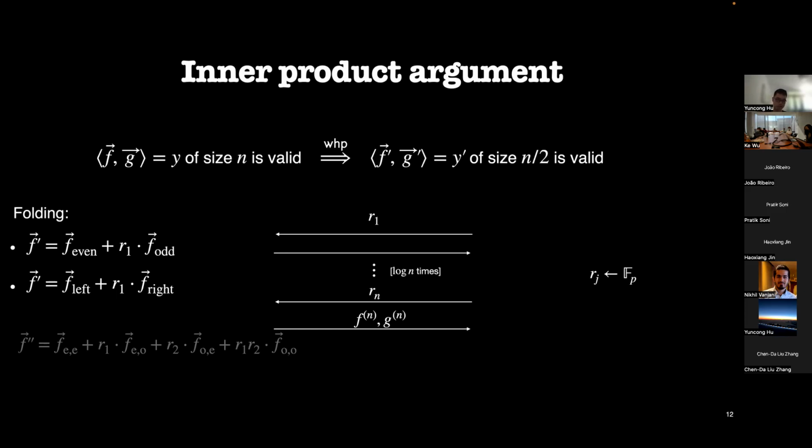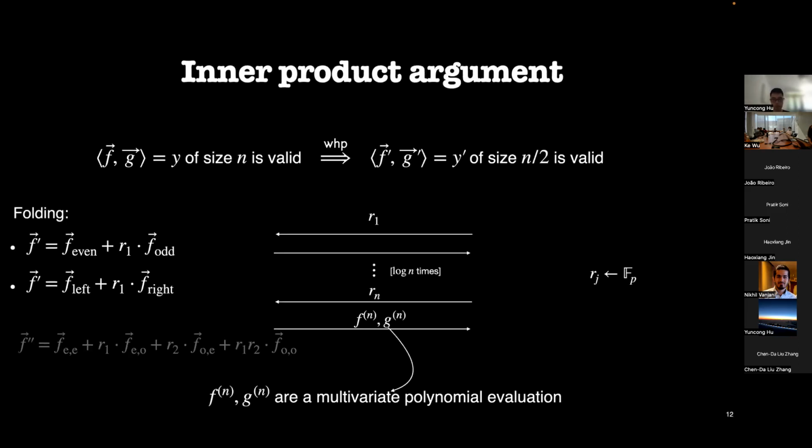Like this F prime prime can be viewed as a random combination of R1 and R2. So finally, the final results Fn and Gn are actually a multivariate polynomial evaluation, and the verifier can just query the multivariate polynomial to check whether Fn and Gn satisfy the argument.